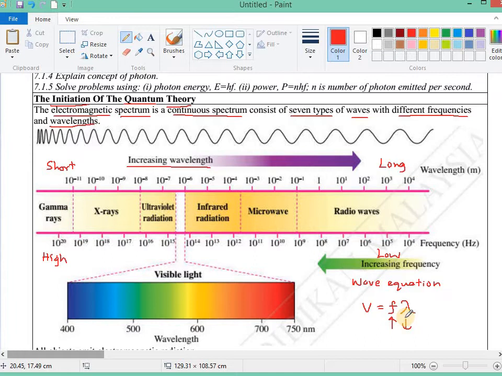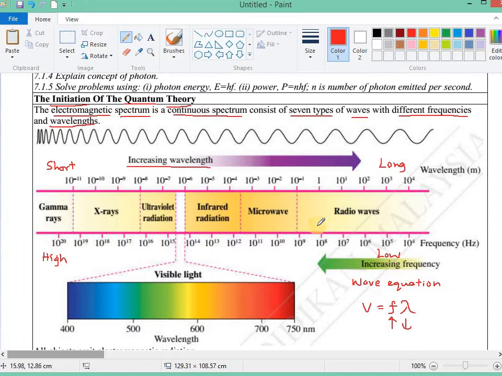Okay, so again, this is the electromagnetic spectrum. Basically, this part is just a little bit of revision about the electromagnetic spectrum, which lists out all the different types of electromagnetic wave. Gamma ray, X-ray, ultraviolet radiation, visible light, infrared radiation, microwave, radio wave.